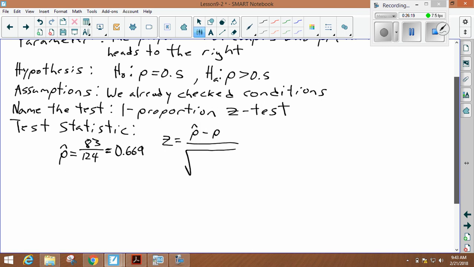And that is going to be the square root of p times 1 minus p, all divided by n.